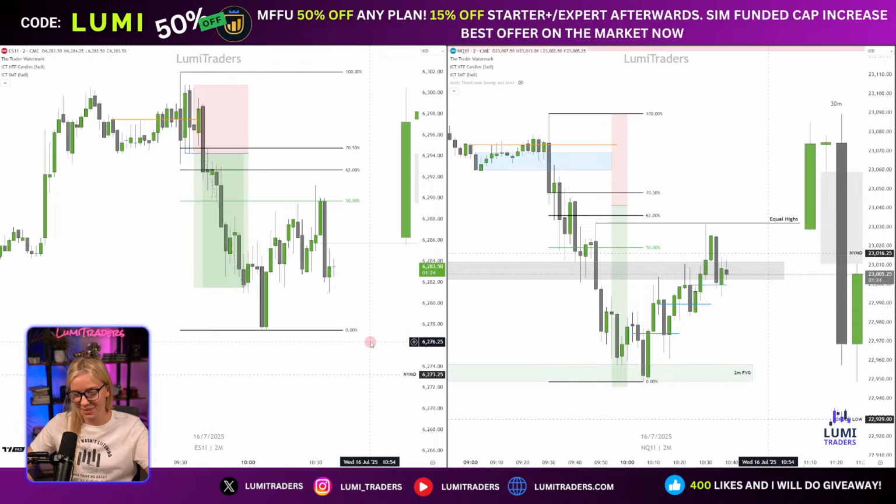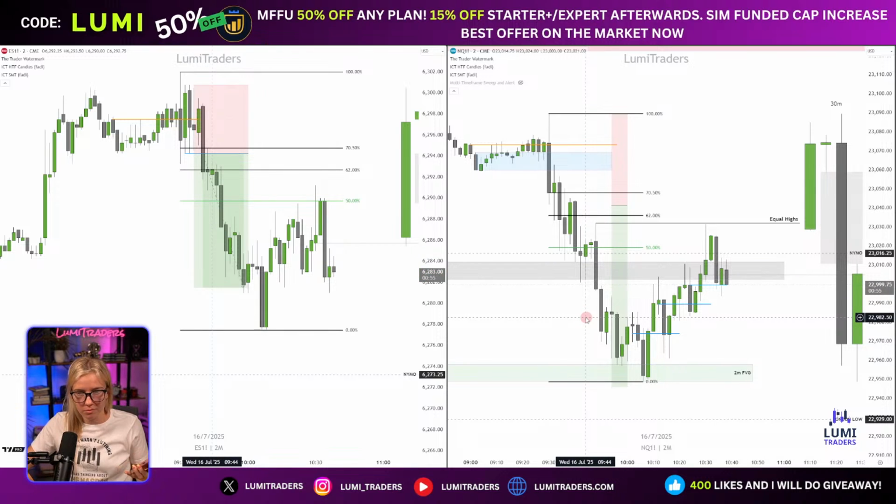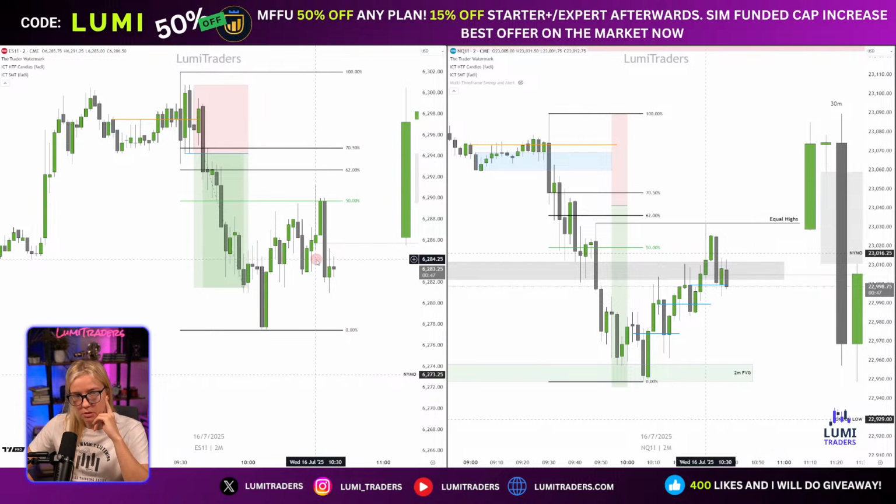So yeah, it's still tradable. It may pump. I'm not saying it will not pump. Just this New York midnight open makes me feel a bit confused with this long stop.